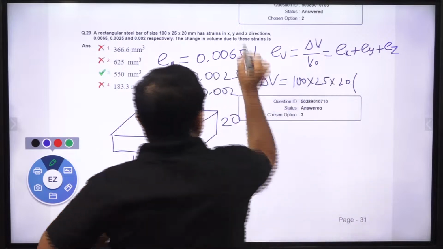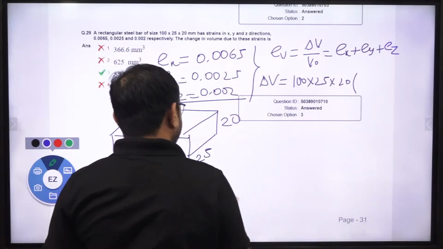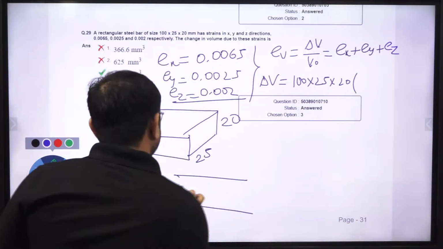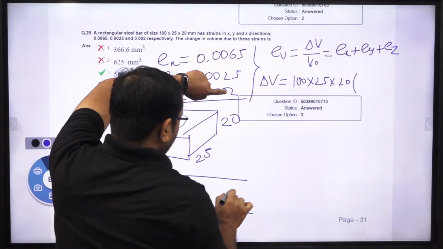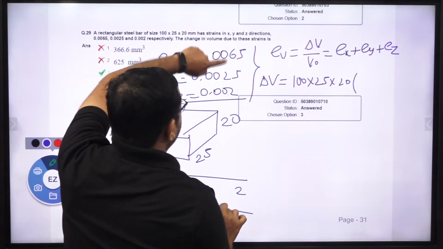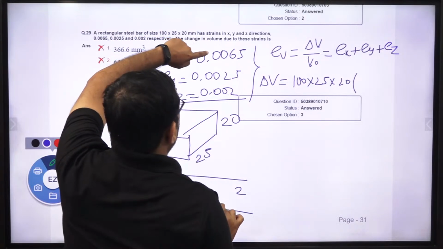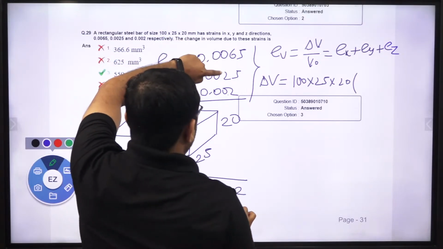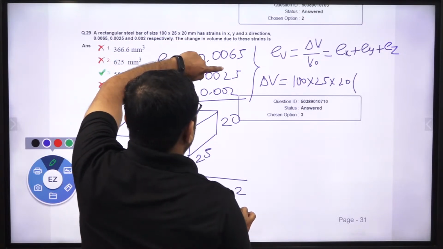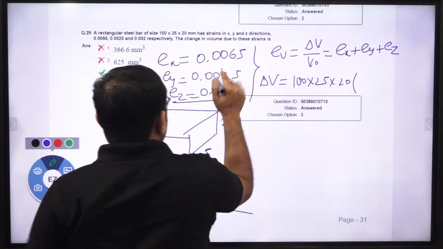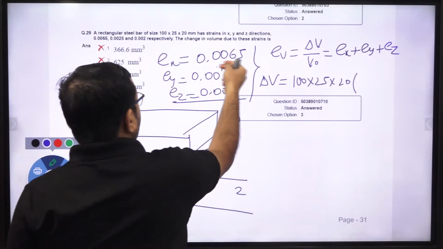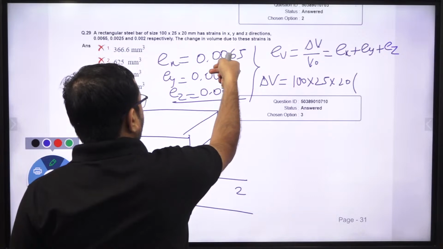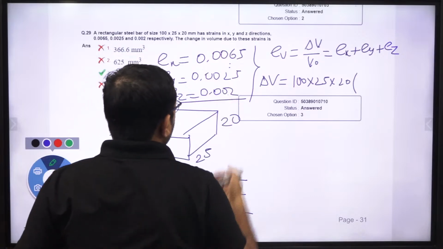So simply if you add this, can I say this is equal to the volumetric strain? So this is 5, 5, 10 plus 2, that is 12, 2 and 6, 6 plus 2, that is 8. Okay, so like this.